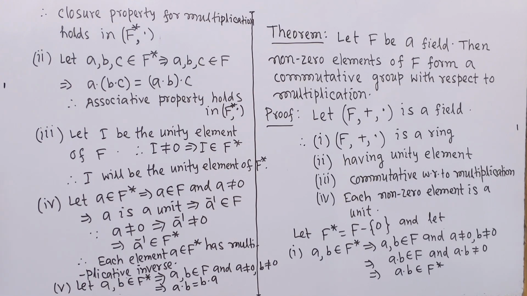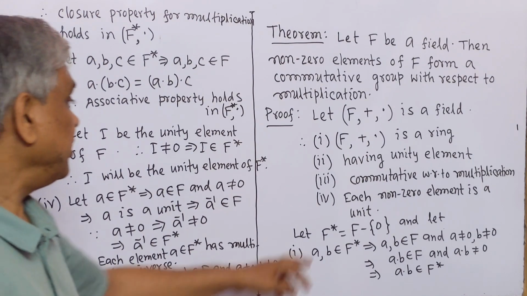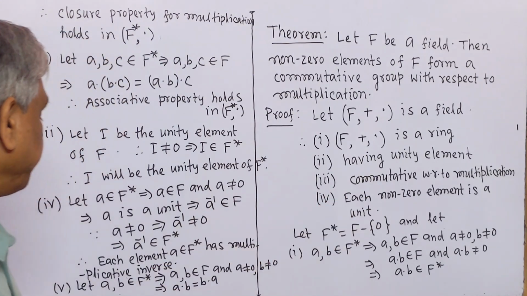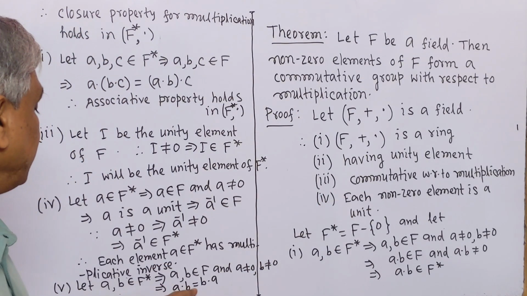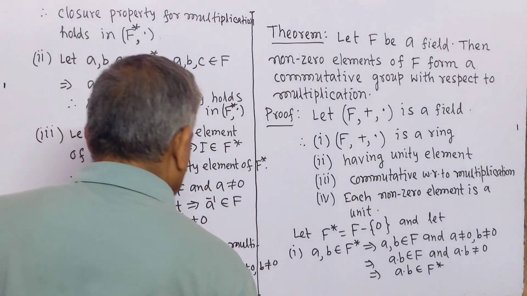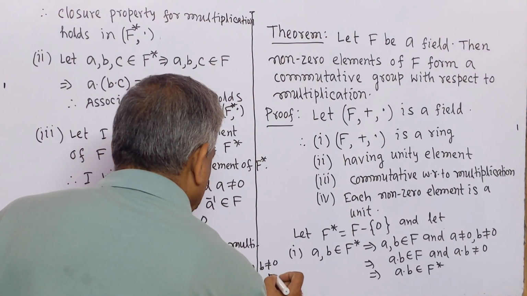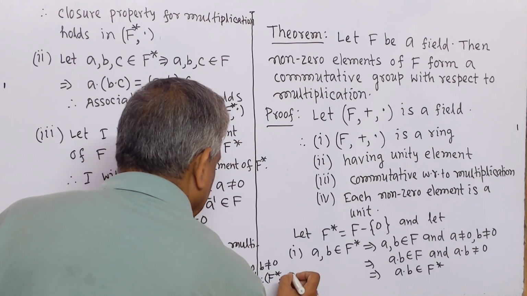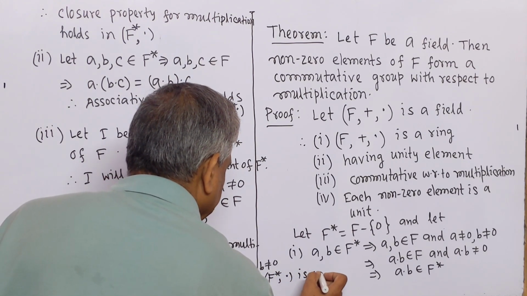Number 5, let a, b belong to F star, means a, b are non-zero elements of F and F is commutative with respect to multiplication. Therefore, a multiply b equal to b multiply a. Therefore, F star with binary composition multiplication is commutative.